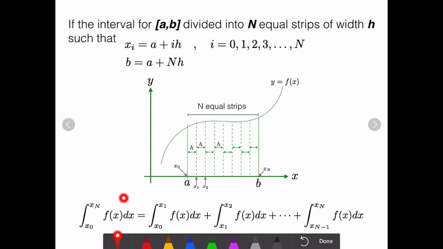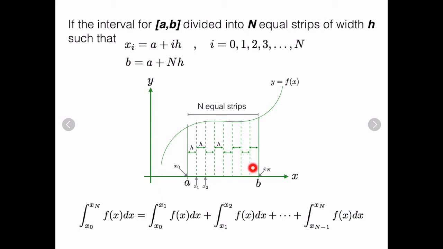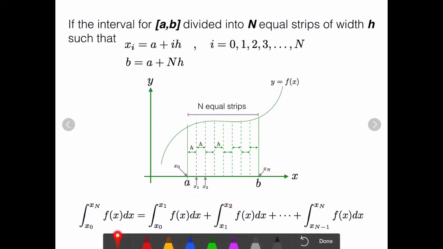We have n strips, so we can divide our integration into n parts like this: from x0 to x1, this is the first integral, plus x1 to x2, the second integral for the second strip, and do the same thing until the end of the strips over here.